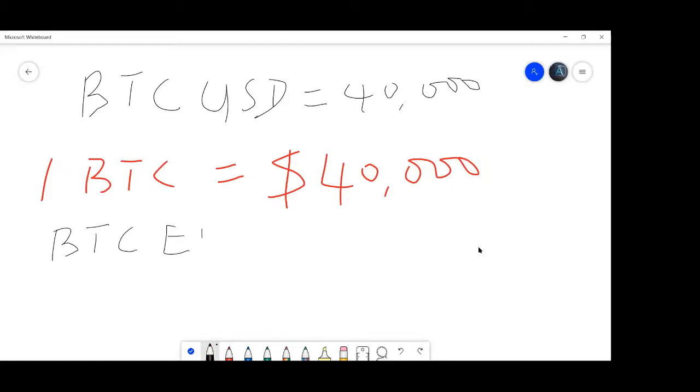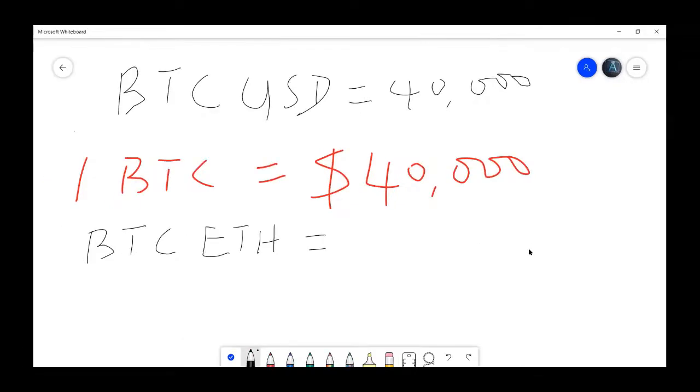So now, going forward, if you see BTC ETH, ETH is Ethereum. I know we understand BTC, Bitcoin. I don't know what BTC Ethereum is, but let me just assume.